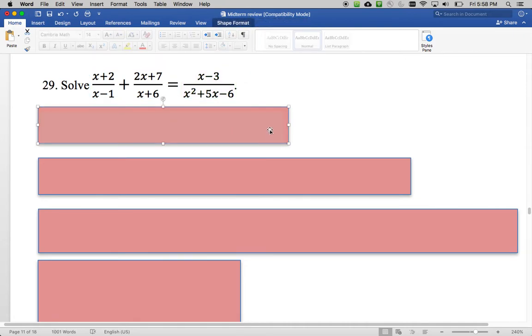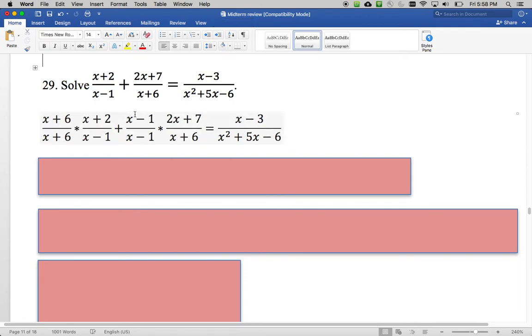Or if you want to do all the algebra, you have to get a common denominator in order to combine these fractions. So our common denominator is just this denominator here. So we're just going to multiply this fraction here by x plus 6 over x plus 6. This fraction gets multiplied by x minus 1 over x minus 1.